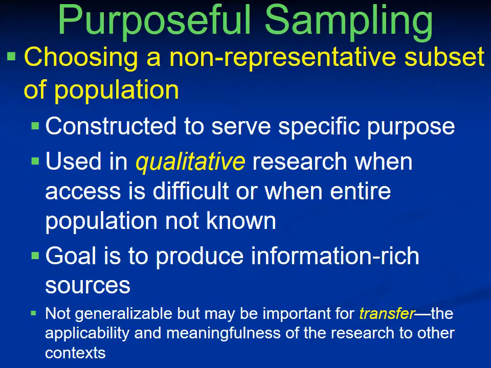So the goal in research that might use this kind of purposeful sample isn't to randomize, but to produce an information-rich source. The research results might not be generalizable per se, but still might be important for transfer, right? The applicability and giving meaning to other research in other contexts.